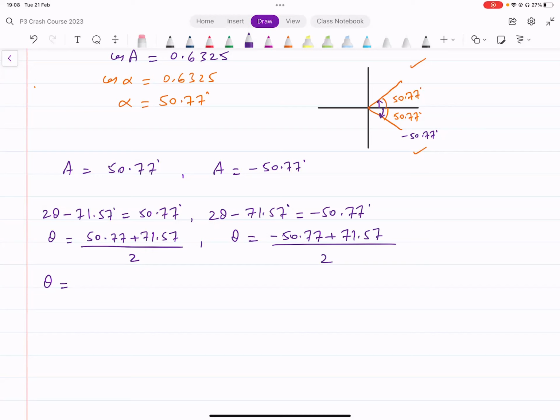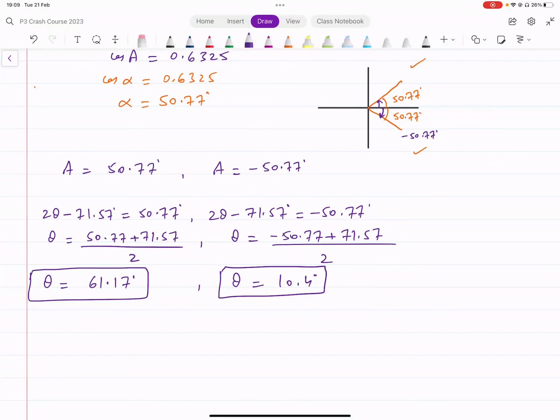If you calculate the first one, that is going to turn out to be 61.17, and the second one, minus 50.77 plus 71.57 divided by 2, turns out to be 10.4 degrees. These are the two values of theta that we're getting: 61.17 and 10.4.